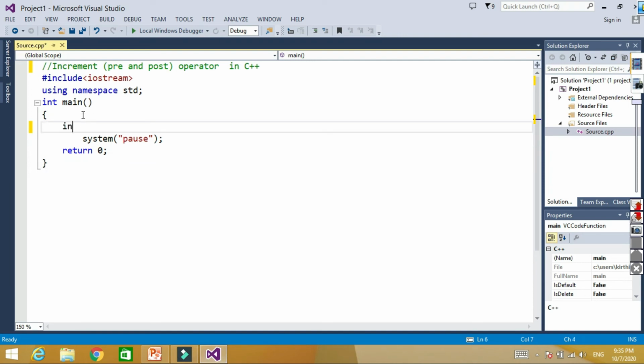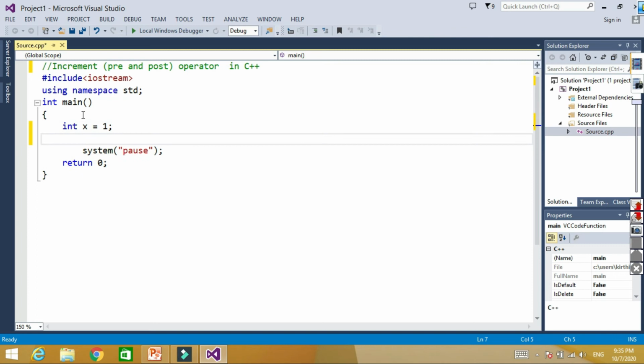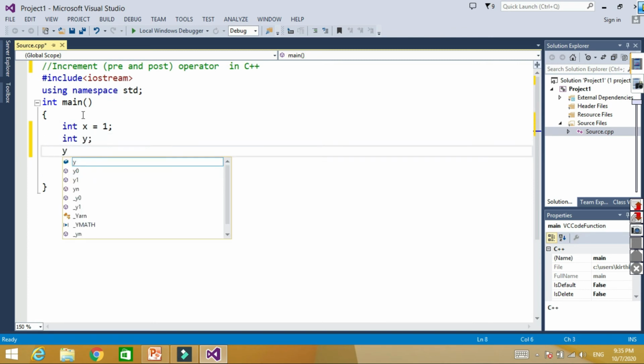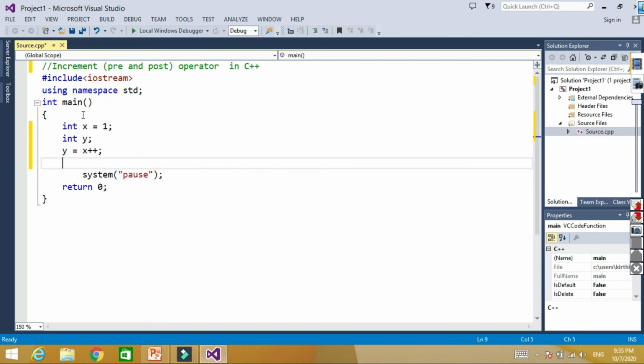So let us take variable x is equal to 1 and then another variable y, and first I write y is equal to plus plus x.